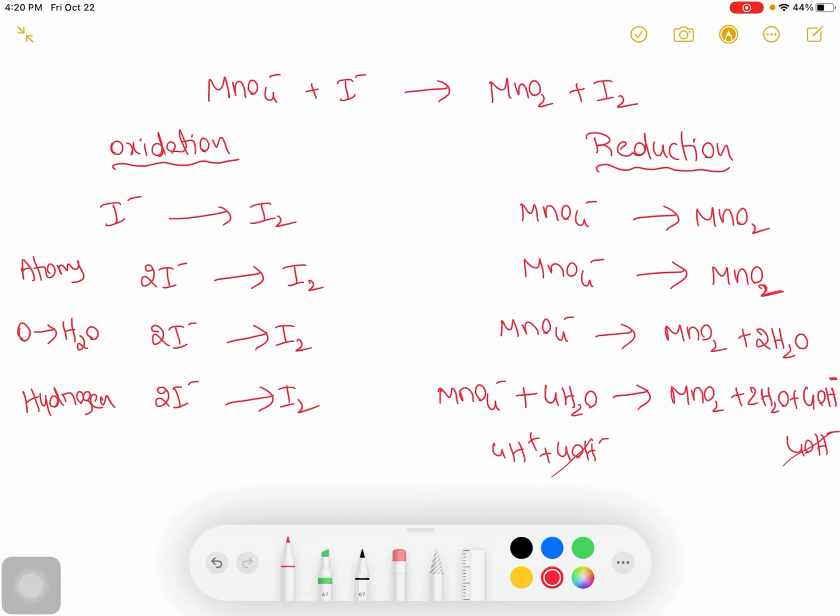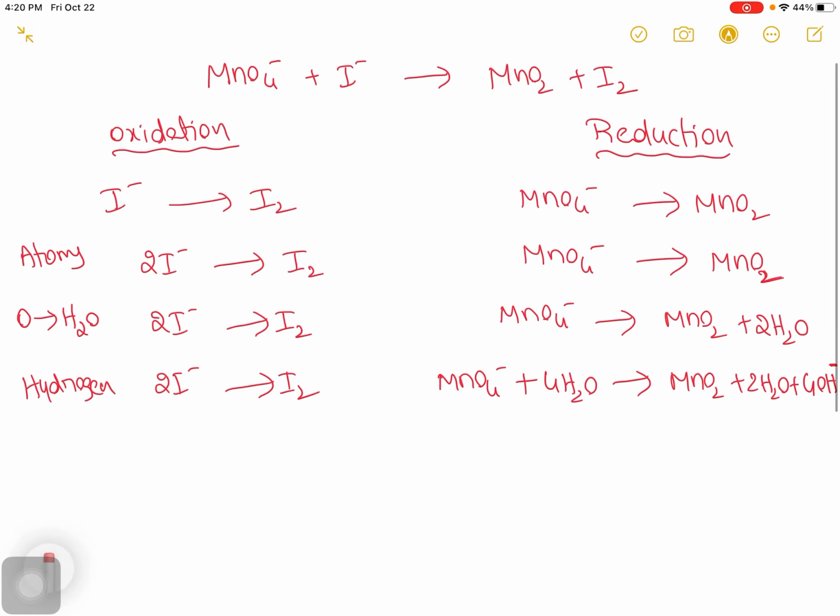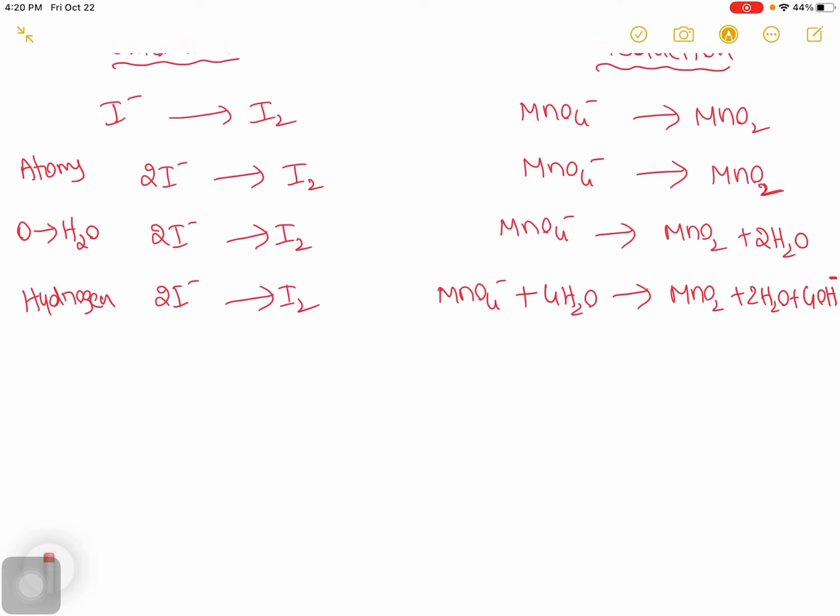Both will get cancelled, finally H plus only remaining. So indirectly we added H plus in this step. I am repeating once again, in the place of H plus we have to add H2O, and on the opposite side the same number of OH minus. Then the remaining everything is as it is like acidic medium.